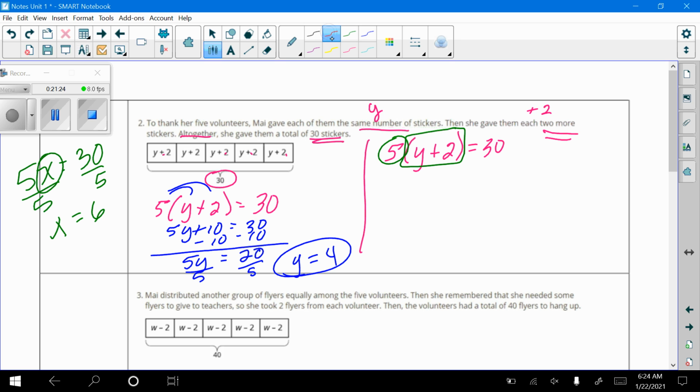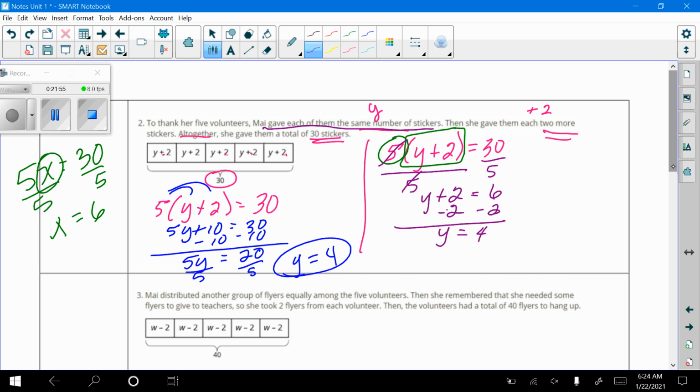I can divide by 5 since the 30 is divisible by 5, nice and pretty. And they would reduce and I would be left with that variable portion by itself. And now I have y plus 2 equals 6, and I can just take away 2 from both sides. And I'm going to also get 4. So either way, whichever is easiest for you. And y stands for the number of stickers May gave at the beginning for each.